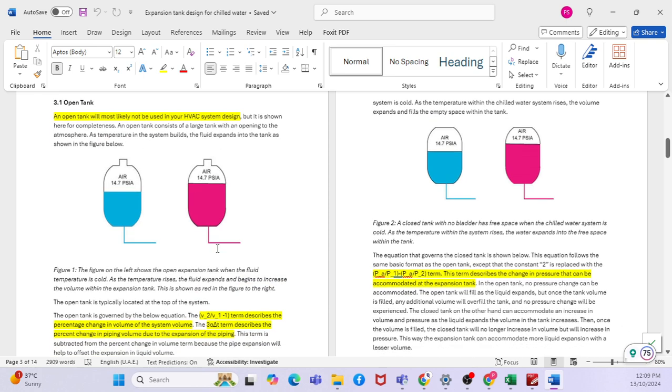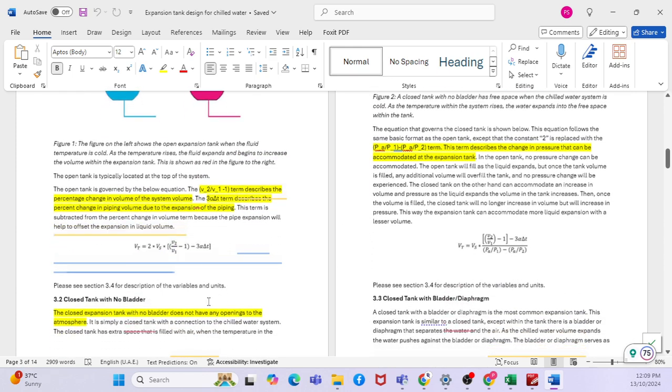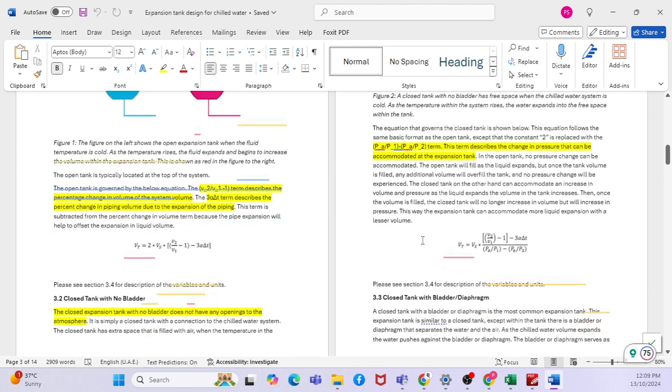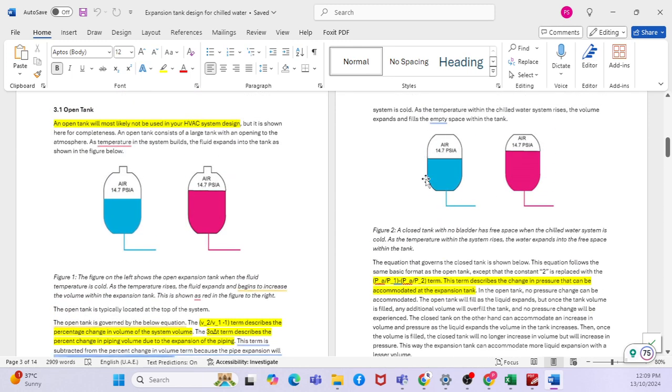The second type is the closed tank with no bladder. For example, say this is the expansion tank, where the water and the metal parts are in contact. Say this is the air, this is the expansion vessel, part of the tank will be water and some portion of the tank will be air.